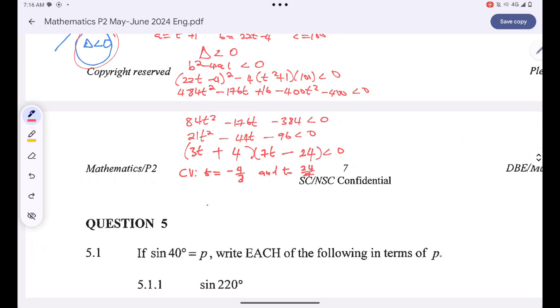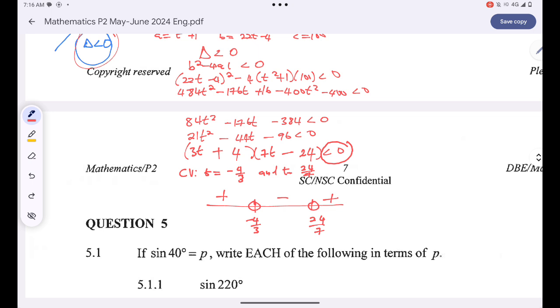I must obviously place the critical values on my number line. I have negative 4 over 3 as well as 24 over 7. Both of them are not included. I have plus, minus, and plus because the coefficients of t inside the brackets are both positive. I'm looking for anything that will give me a less than 0. Less than 0 simply means minus.